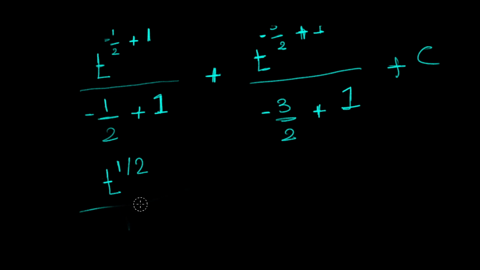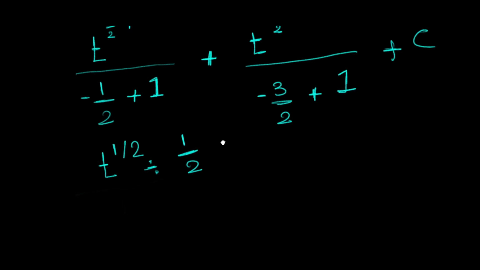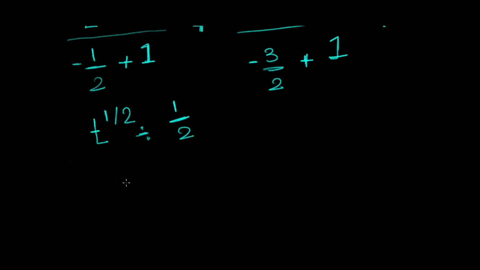We can write t to the power of 1 over 2 divided by 1 over 2, and to divide we multiply by the reciprocal of the denominator.